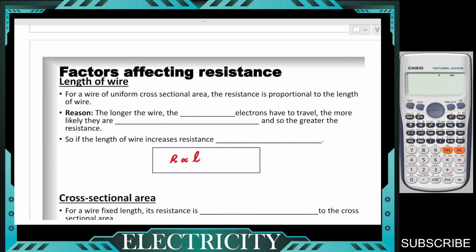If we just say increasing the length increases the resistance, then someone could be under the impression that the change in resistance would not be uniform if you change the length accordingly. The change would not be proportionate to the change in the length.